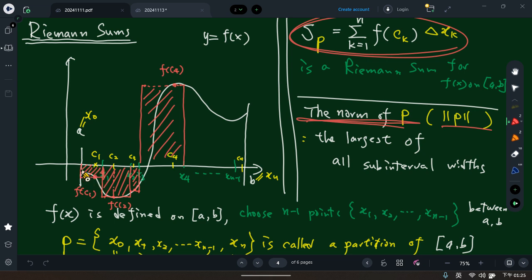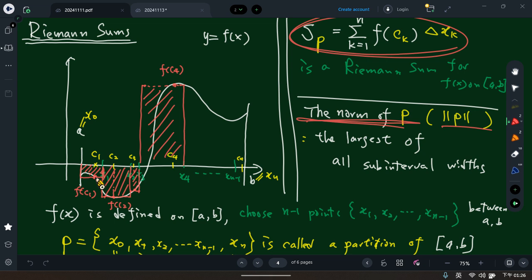But just notice that the so-called height here is the function value based on this picked sample point. So the height here may be positive or possibly negative.